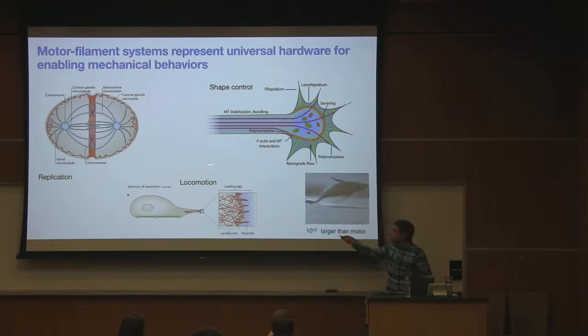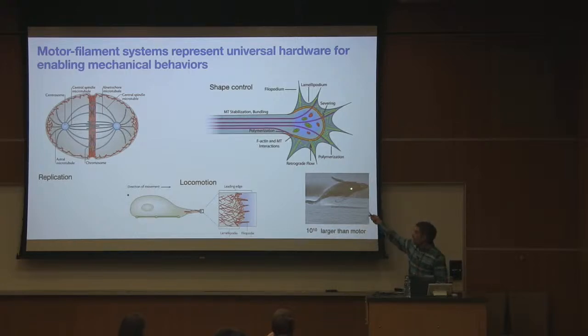And another thing to just think about is these are all cell scale behaviors, but ultimately, if you think about an organism like the blue whale, which is 100 meters in length, its swimming is driven by the contraction of muscles, and those contractions are ultimately powered by myosin motors walking on actin.